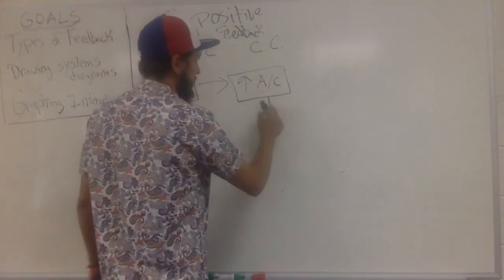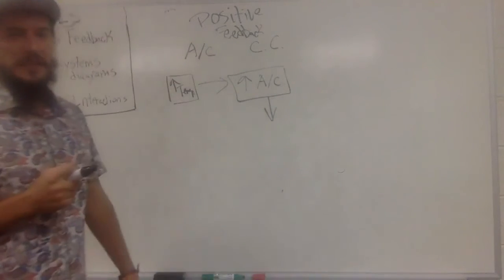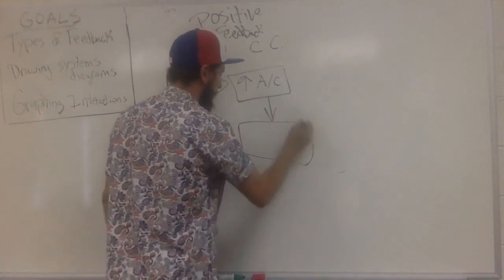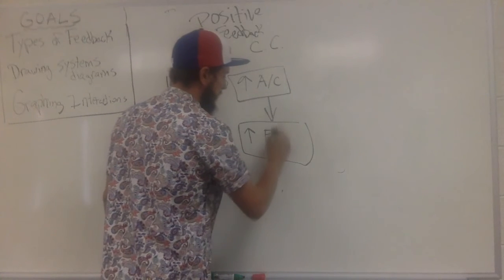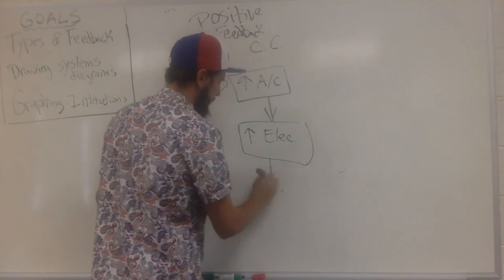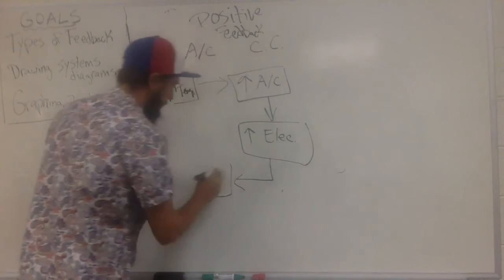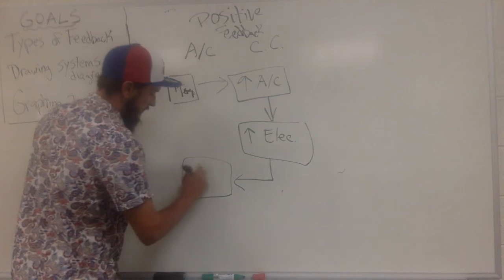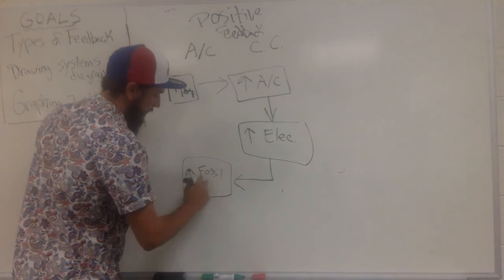However, we're in Arizona. We're not the most forward-thinking state. So a lot of our electricity actually comes from fossil fuels, right? So using that AC increases my electricity use, which is actually coming from things like natural gas, increased fossil fuel use overall.